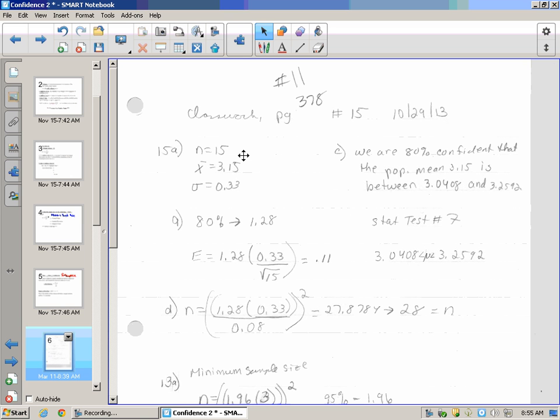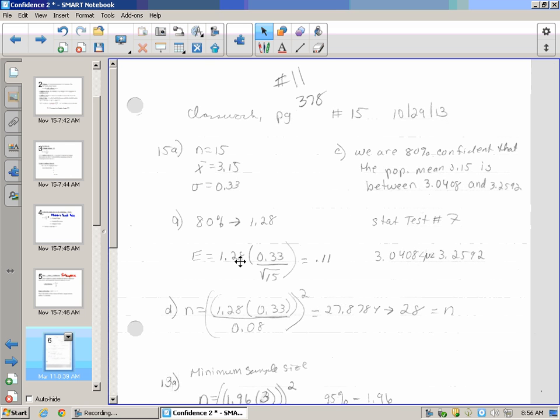The first thing is we're going to put this into STAT TESTS 7. We're going to put the numbers in. It's an 80% confidence interval, so we do the confidence interval, which is here: 3.0408 is less than the mean, which is less than 3.2592.